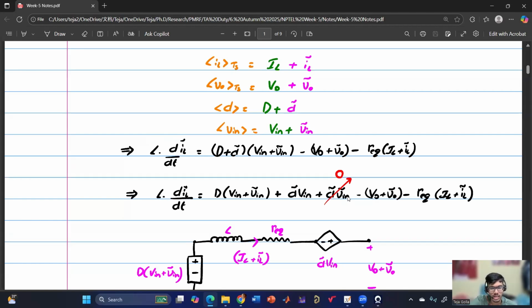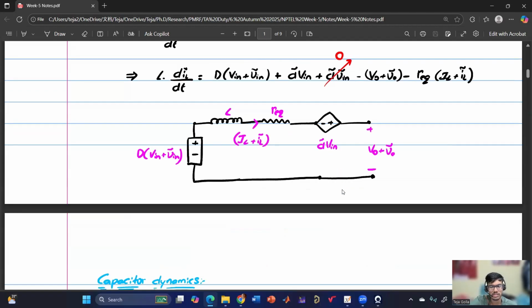Because we have considered an assumption, the model may not be valid in all conditions. So it has some validity. How much it is valid and how it is going to affect the controller performance will be discussed in the upcoming weeks. But just take a note of this, because we have considered assumptions in the process, and that will put some limitations on the model, which we'll be discussing in the upcoming weeks.